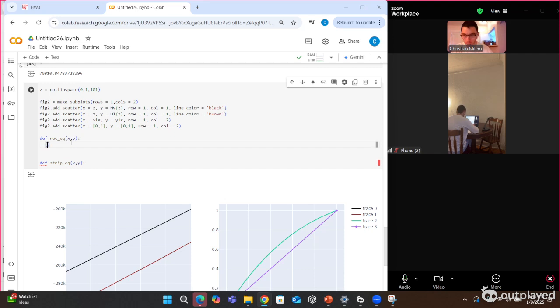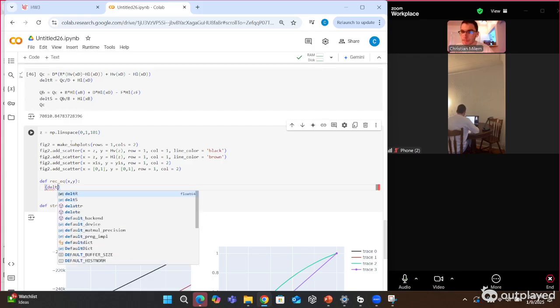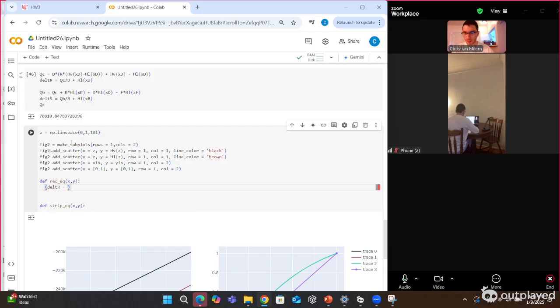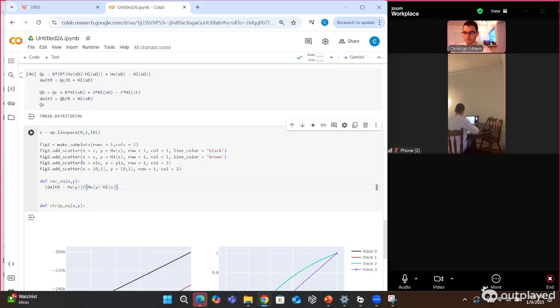So we'll do, what do we call delta r? Delta r minus hv at y divided by hv at y minus hl at x, minus xd minus y.